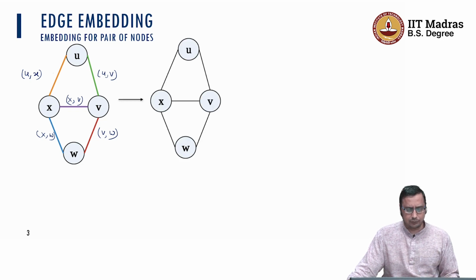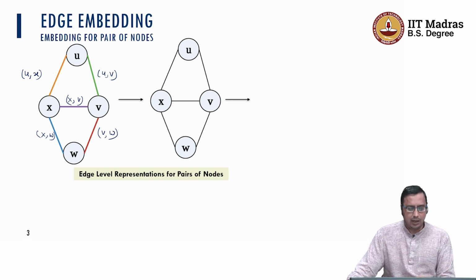So can we say that, for this particular graph, the embedding of an edge is nothing but the embedding of a pair of nodes?